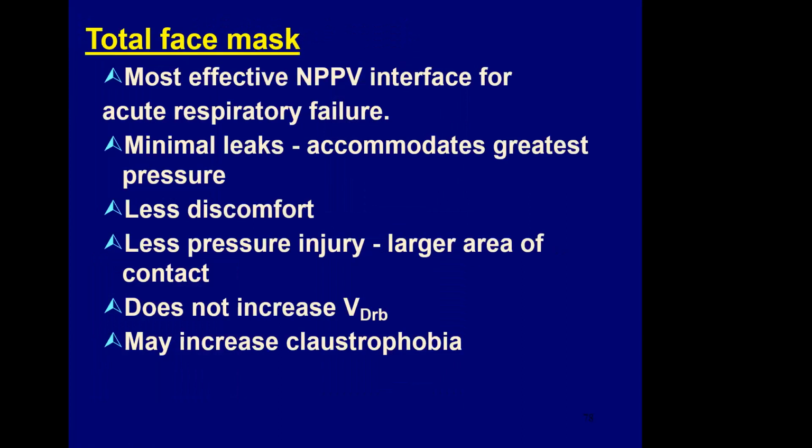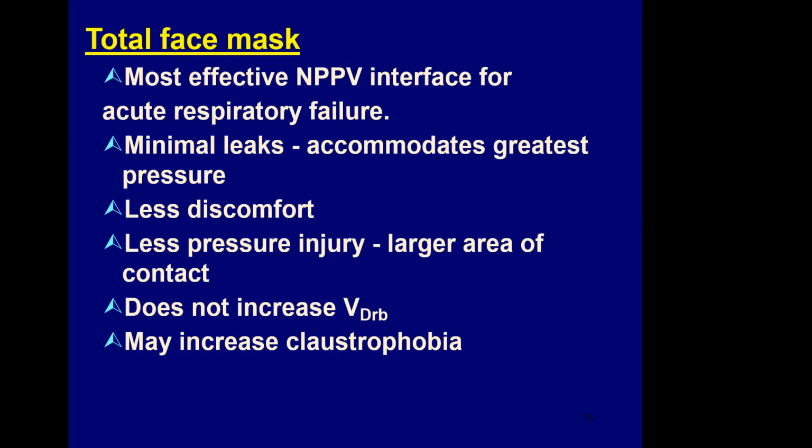Then there is the total face mask. We have the full face mask, then this is the total face mask. This is the most effective interface for acute respiratory failure. With the total face mask, we get minimal leaks. So the total face mask accommodates the greatest ventilation pressure.